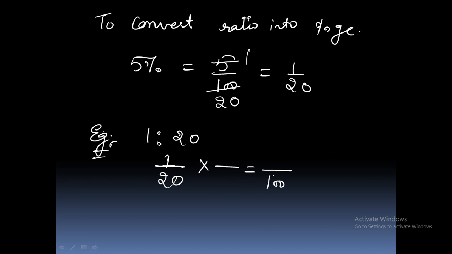For this we divide 100 by 20, we get 5, and that value will be multiplied by the numerator also, 5 by 100. Now you will get the 5% result again. To convert percentage into fraction, we divide the numerator by 100 and express it in the lowest form.